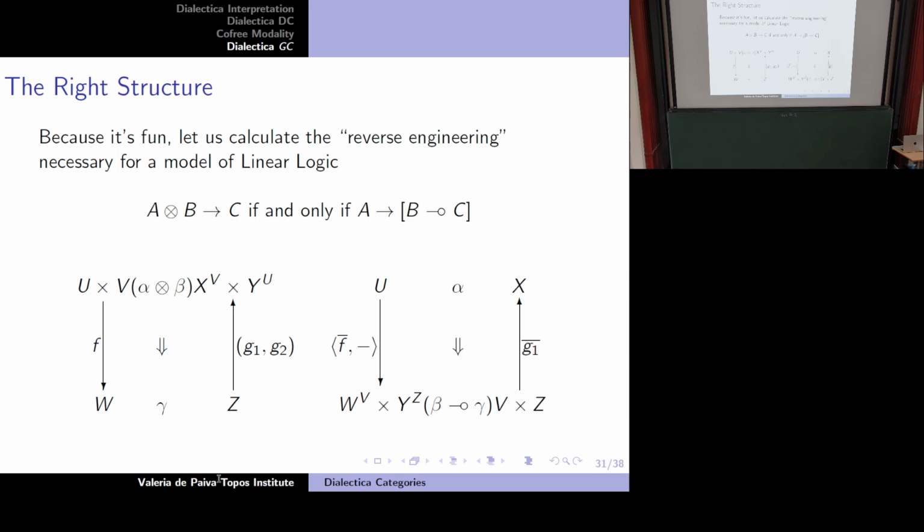It's a little bit funny because I'm doing the complicated tensor on this side, so the cross product here. But what I'm just saying is that you have a function here and you have two functions here, G1 going from Z to X to the V, and G2 going from Z to Y to the U.